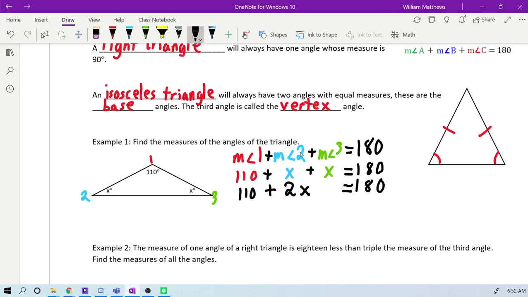Now I have a two-step equation where I have to subtract the 110 from both sides, which will leave me with 70. And then I divide by 2 on both sides, which will give me 35. Now, since this is only x, there's nothing else to the expression, I can leave my answer for both angles as x equals 35 degrees.